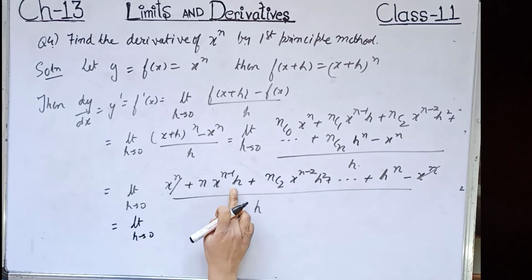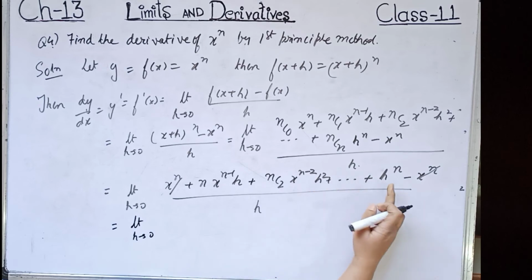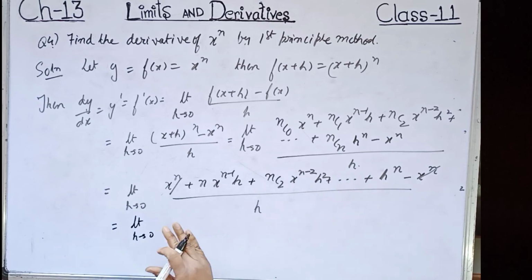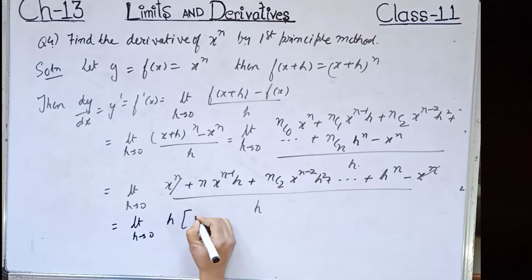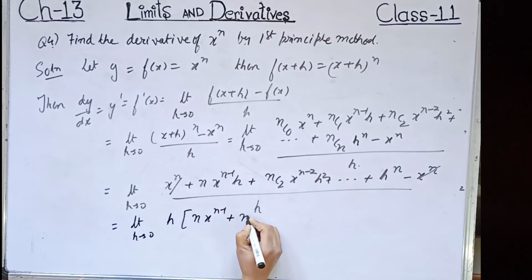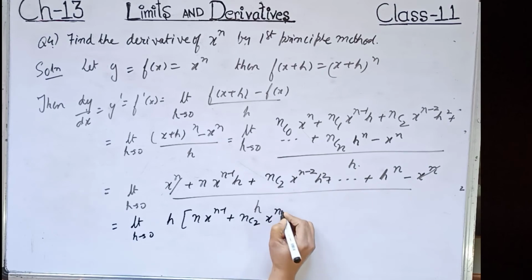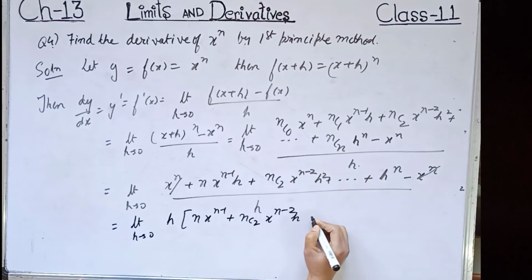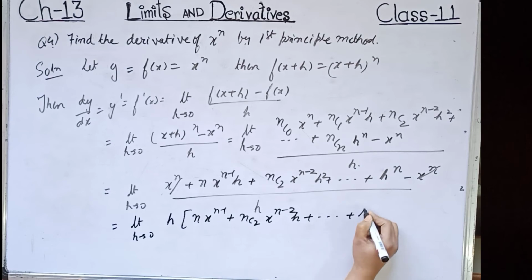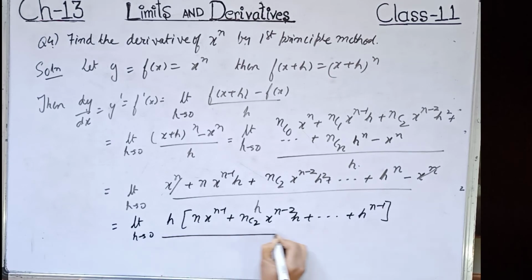So we are getting over here limit h tending to 0. Now in this you can see h square, h cube and so on till h power n is coming. So we can take h common. So h into [n x power n minus 1 plus nC2 x power n minus 2 h plus up to so on], and left in the bracket is h power n minus 1, divided by h.